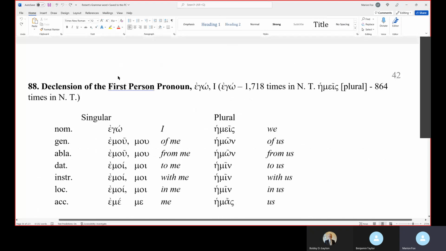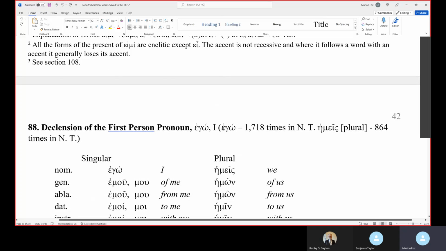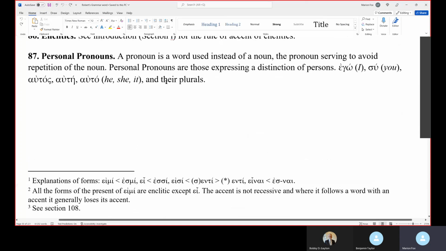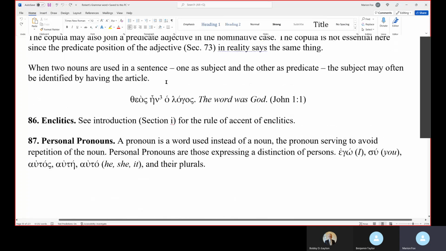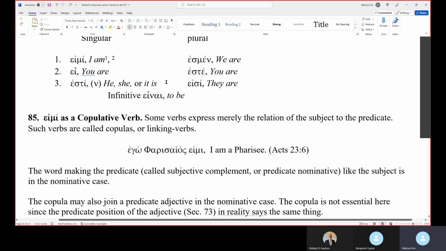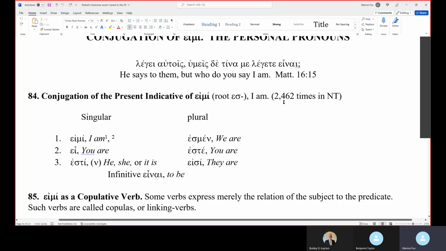And so we have this also. We have ego is found 1,700 times, and that's a singular, and the plural form of it is found 864. That's close to 2,500 times. That's a bunch. So again, I think I have it up here too, somewhere, how many times it's found: 2,462 times.